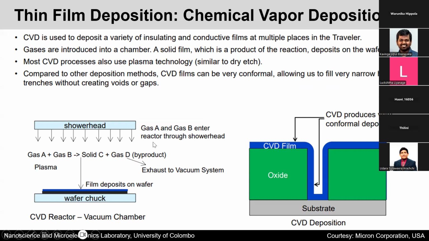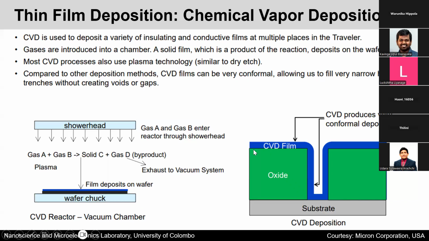We are exposing the wafer to certain gas molecules, and these gas molecules in this chamber would react with each other, and then it deposits particular films on the wafer, right? So it's chemically activated. Chemical vapor, and then they get deposited onto the wafers. Thus, we call it chemical vapor deposition. So this is also another prevalent method of depositing certain films onto silicon substrates, right?